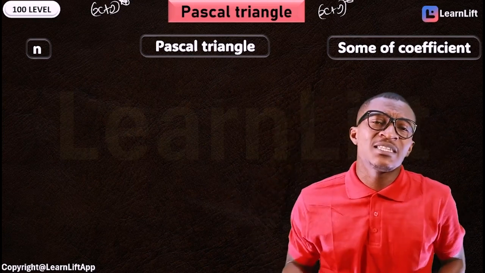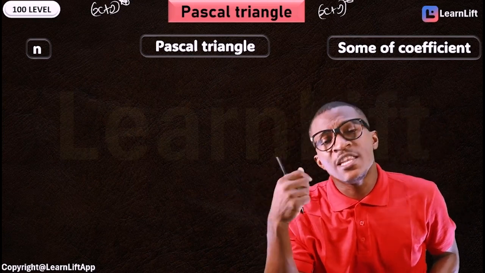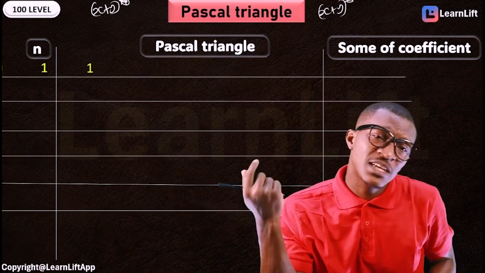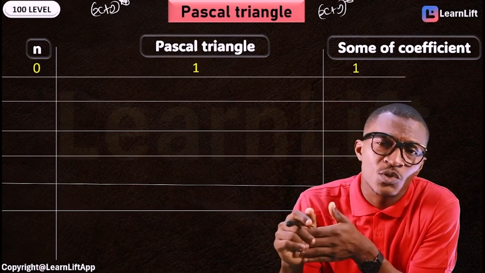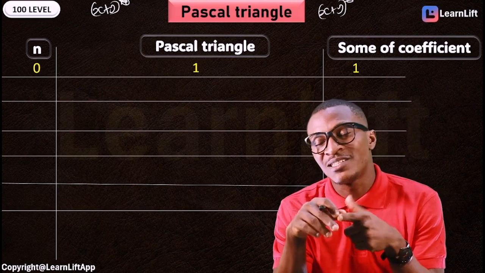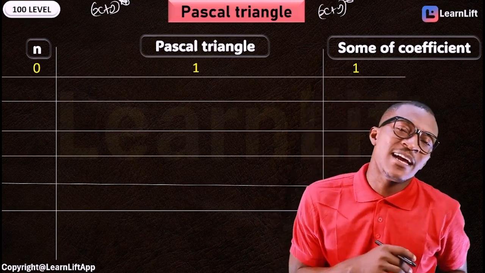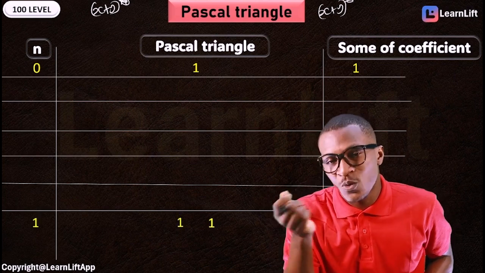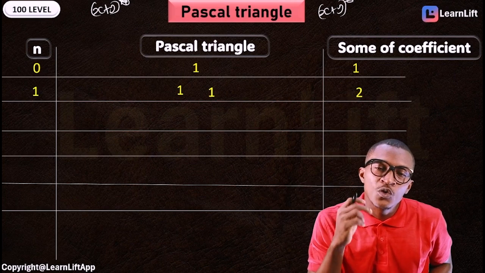So let's see what the Pascal triangle will give. Let's say, for example, n is 0. Are you with me? The Pascal triangle is 1. The sum of the coefficients is 1. Now, hold on, you're going to catch it, but first of all, follow me. If n is 1, it's going to give us 1, 1.